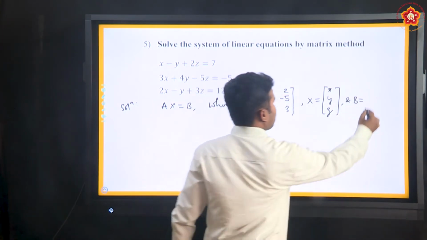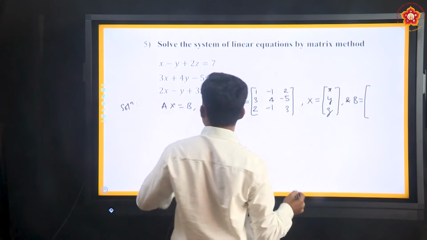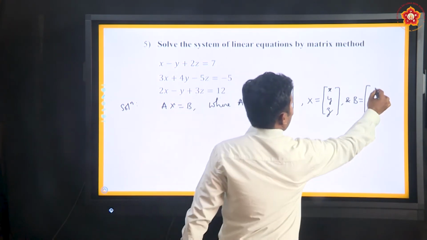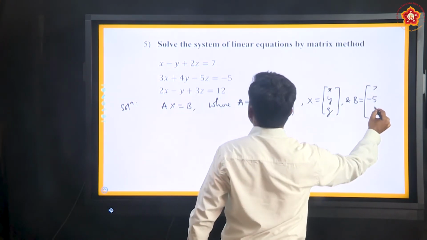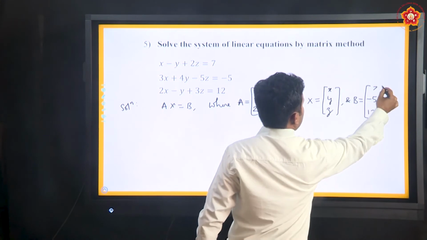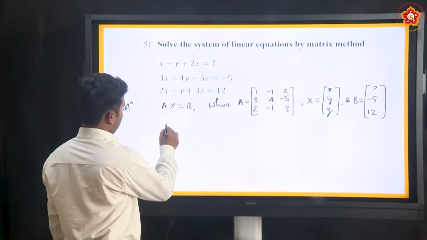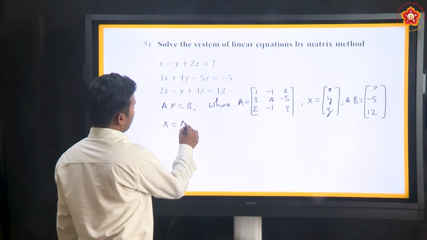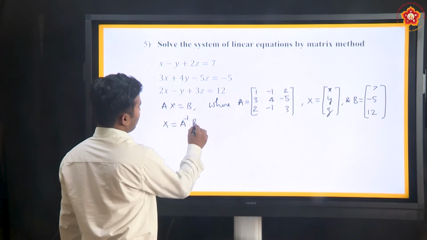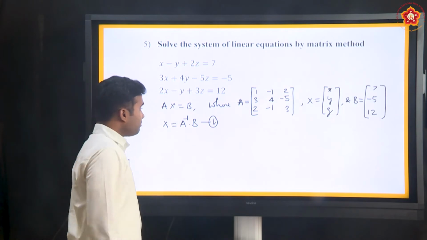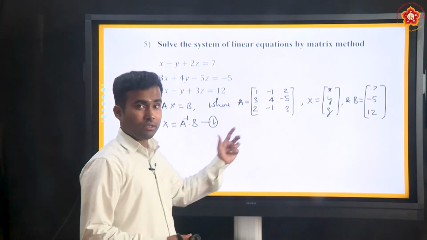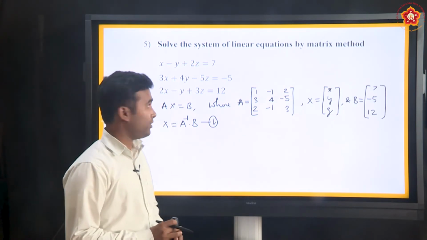B is [7, minus 5, 12]. This is what we have, right? Now I can rewrite this equation as X is equal to A inverse into B. I can call it equation 1, and equation 1 gives the solution of the given simultaneous equations.